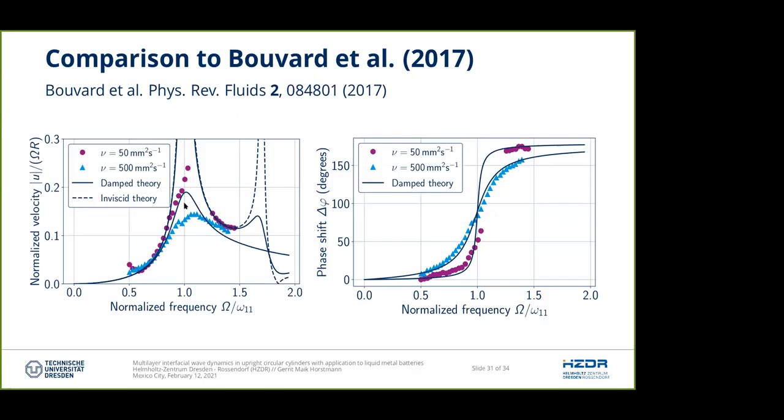So my theory cannot really describe the resonant wave motion. But interestingly, even here, where it's subject to wave breaking, here it's weakly nonlinear, the phase shifts I derived, although they come from a linear model, can almost perfectly describe the measured phase shifts.